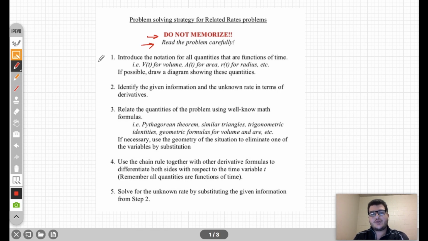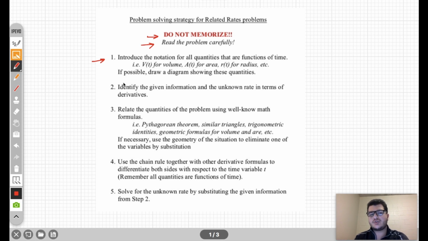So the first thing you want to do when you get a related rates problem is you want to introduce the notation for all the quantities that are functions of time, meaning things like volume and area and radius in these types of problems are going to change with respect to time. That's what makes them rates. If something is changing with respect to time, that's not only going to have a constant value, but it's also going to have the derivative or the rate at which it's changing at a certain time.